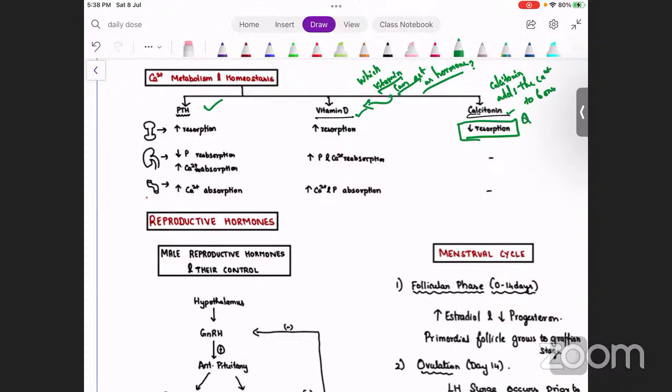Calcitonin decreases resorption of bones, while PTH and vitamin D do exactly the opposite function. They take the calcium from the bone and throw it into the blood.